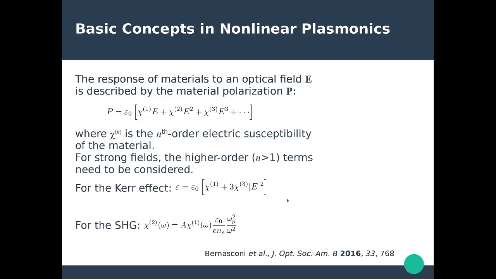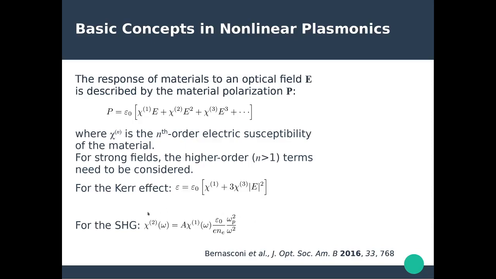The other example, to go back to the well-known second harmonic generation: if we look at the actual expression for this second order electric susceptibility, the first thing to notice is that it is frequency dependent. It's not just a constant. It depends also on the linear term, and it's weighted by an additional factor in which we have the plasmon frequency of the material.